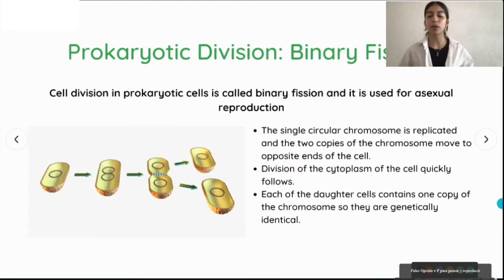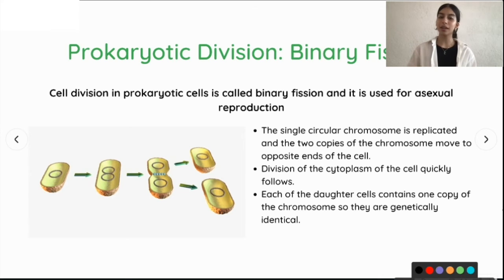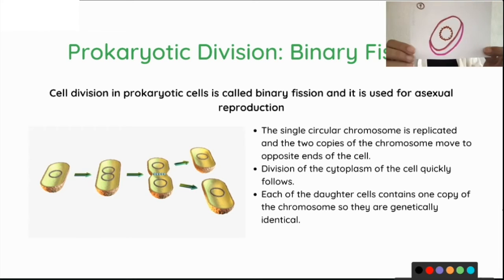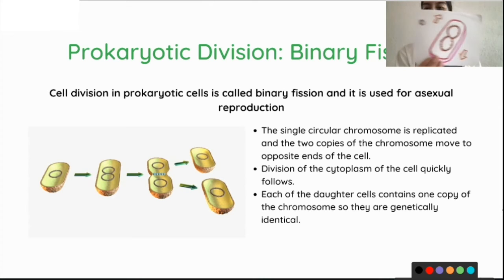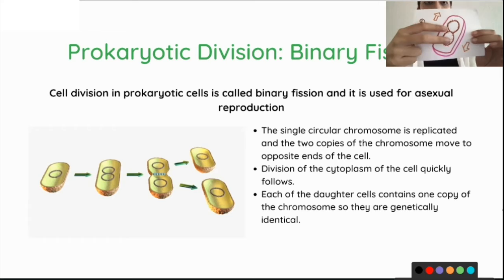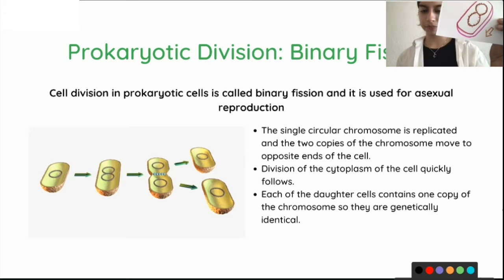Okay, guys, so let's continue by seeing by which process these prokaryotic cells reproduce. This process is called binary fission, and it is used for asexual reproduction. First of all, the single circular chromosome is replicated. So you see here now there are two chromosomes.